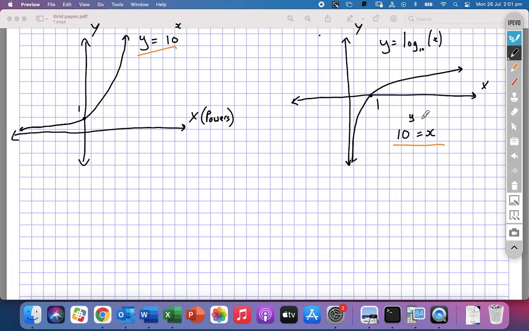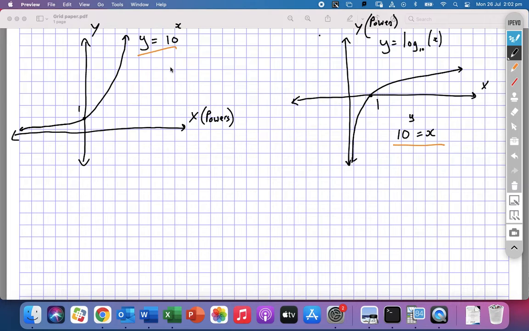This is just a rewriting of the log statement. So 10 to the power of y equals x. What we've got here is our powers are y values. And over here in the exponential, our x's were our powers, right?